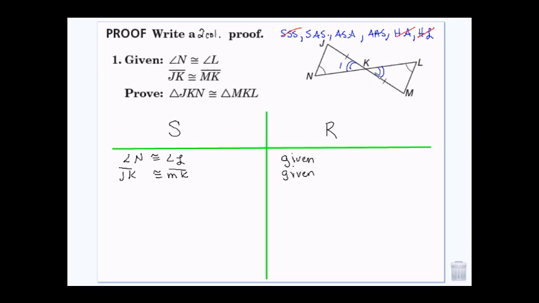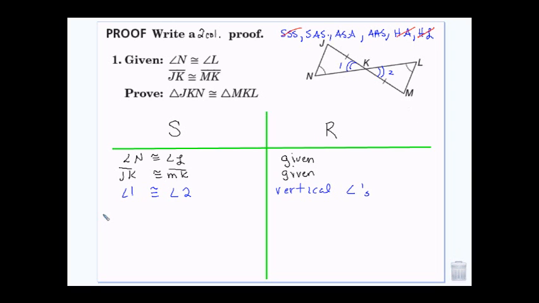So I'm going to number them. And I'm going to say angle 1 is congruent to angle 2 because they're vertical. So you have to create your own labels. You can call them JKN and LKM, but it's easier to number them, don't you think?